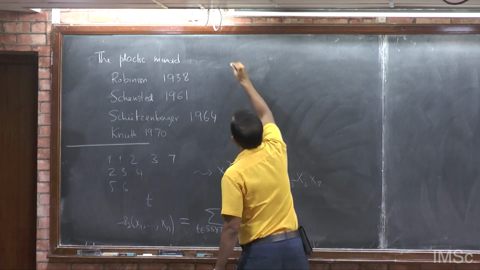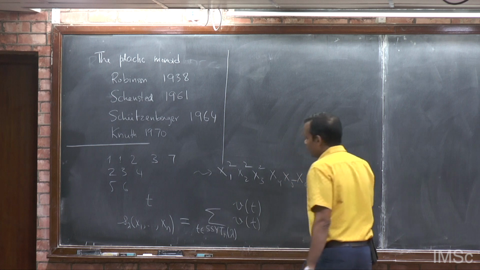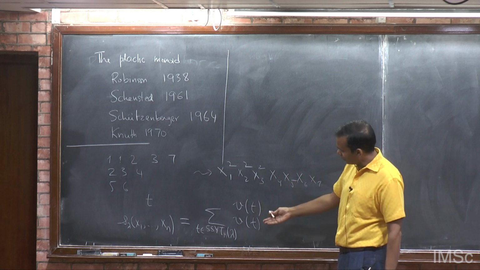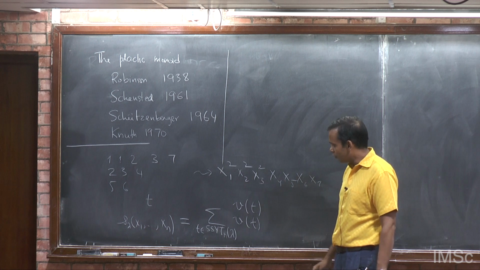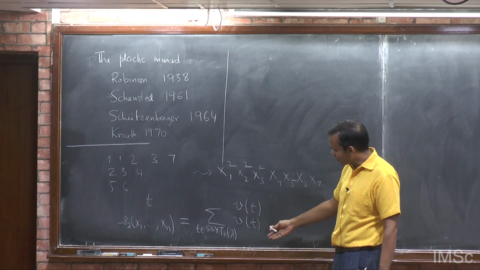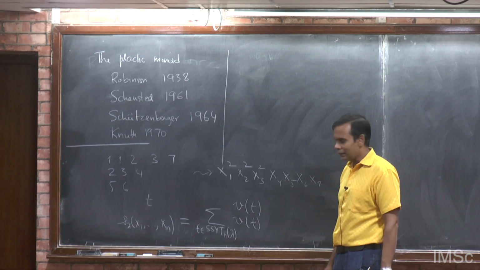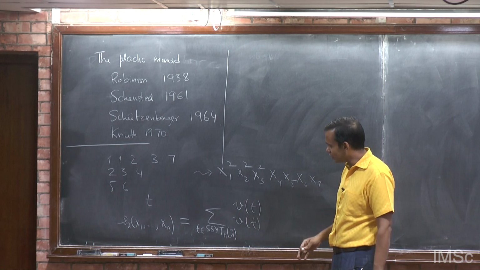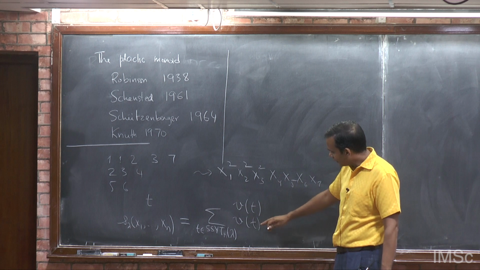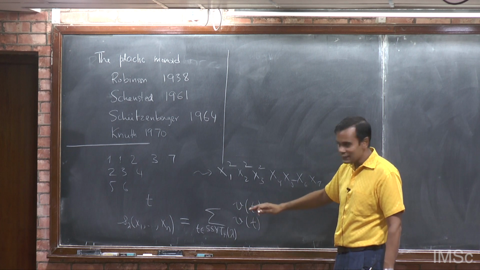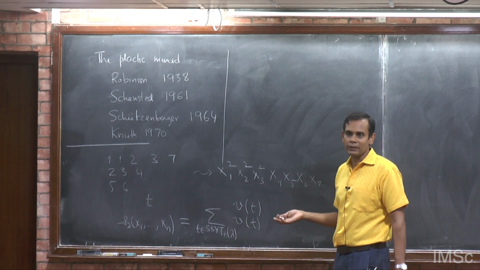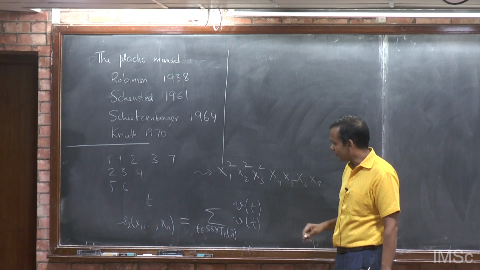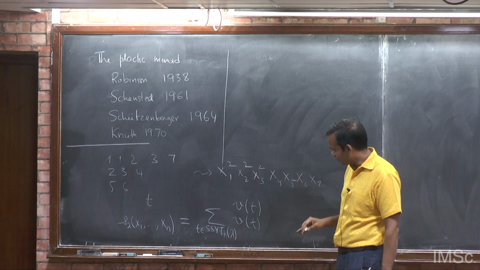But the big problem was, it was known that these polynomials form a basis for the ring of symmetric polynomials in n variables. If you take all partitions of the integer d, then these polynomials S lambda, as lambda runs over all partitions of d with at most n parts, would form a basis of symmetric polynomials.